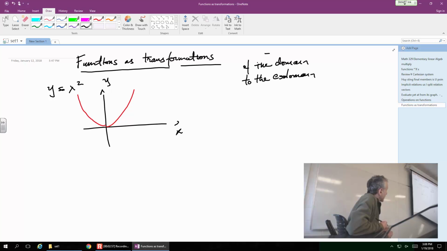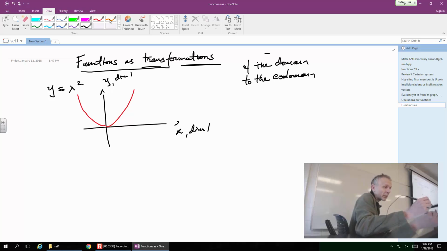But unfortunately, once we go to dimensions higher than 1 and 1, the graph also goes up in dimension. So if you have input two-dimensional, output is one-dimensional, the graph will be located in a three-dimensional space. And if you have 2 and 2, it will be located in four-dimensional space. And so we cannot really easily visualize or draw it on a piece of paper or even in space. Maybe one day we'll be able to draw things in a three-dimensional way, but it's still not enough. So a different way of looking at functions is as transformations.